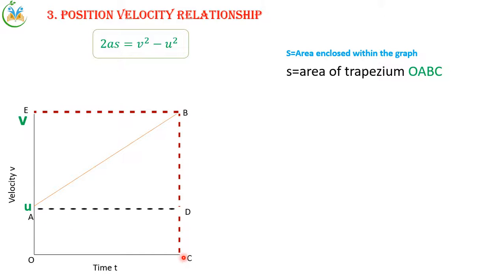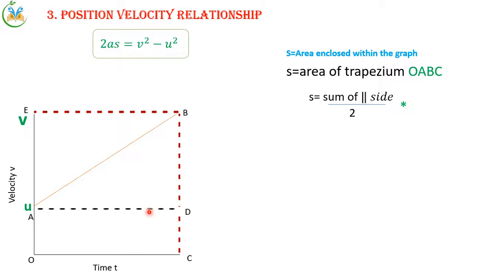OABC. So we know the formula of the area of a trapezium is the sum of parallel sides. What are the parallel sides? AO and BC. See, these are the parallel lines. Sum of the parallel lines divided by 2 into height.